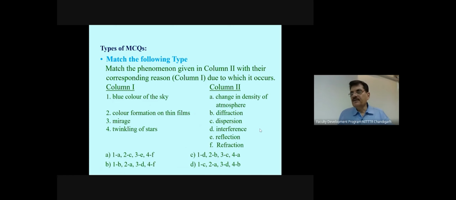So column 1 has got the reason, and column 2 contains the phenomena. तो आपने column 2 में number of options जो ज़्यादा दे दिए हैं. Now answers are 1A, 2C, 3E, 4F. So ये थोड़ा सा difficult बन जाता है. तो this kind of question you can also give in the form of multiple choice question.